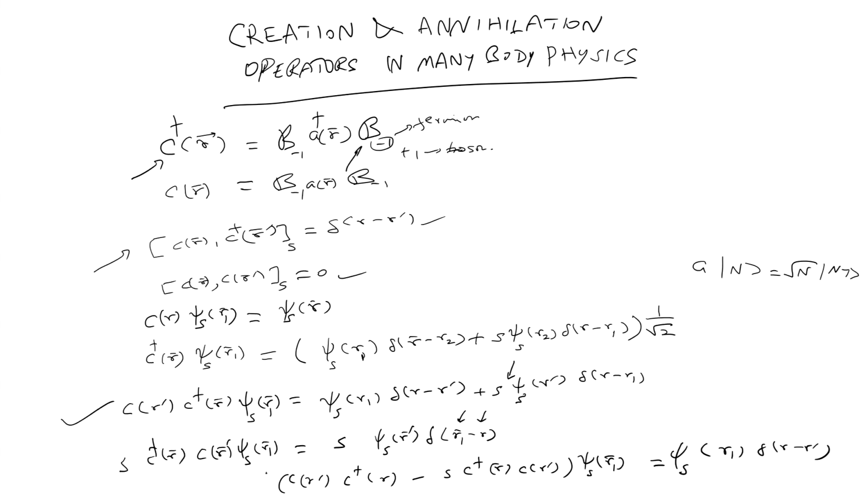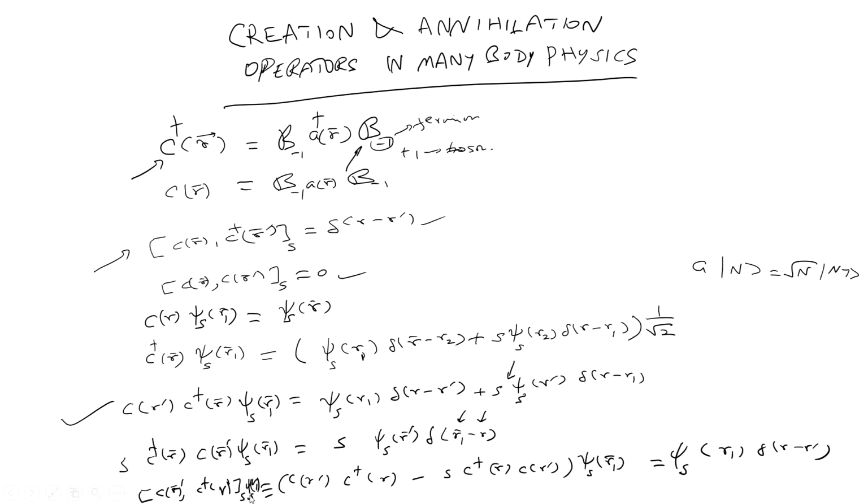So you see, this is nothing but the s commutator of C dagger r subscript s acting on your wave function.